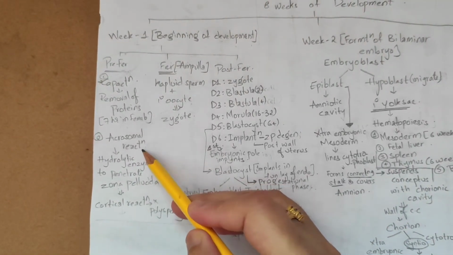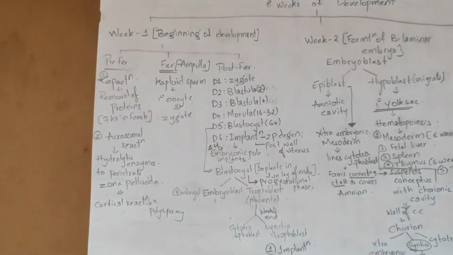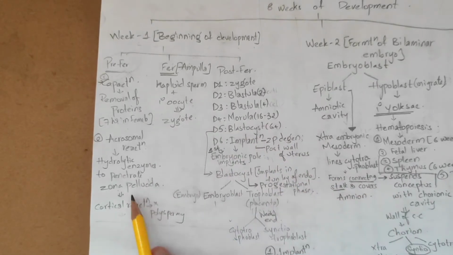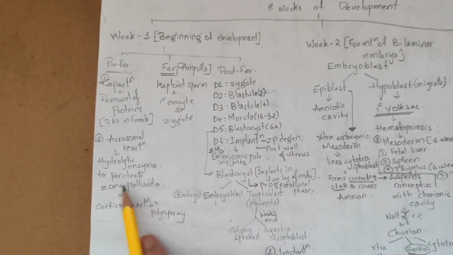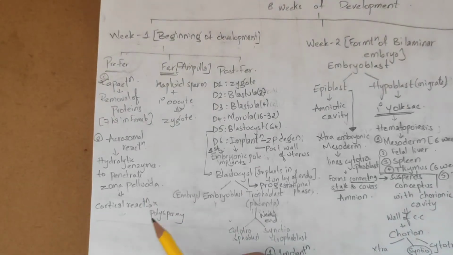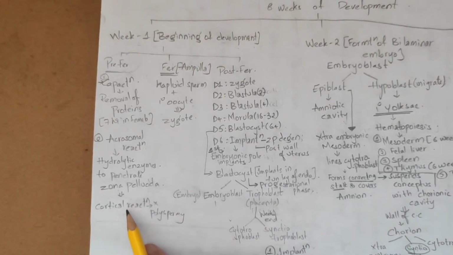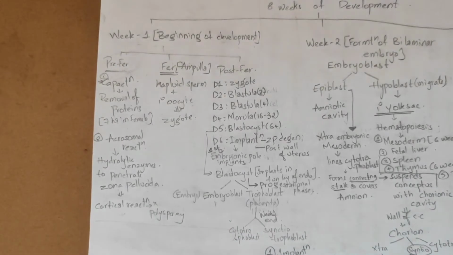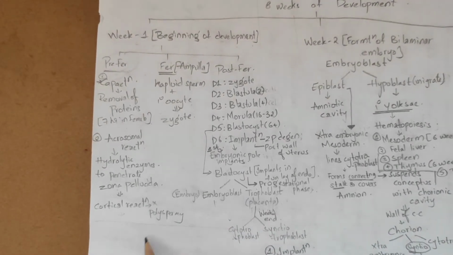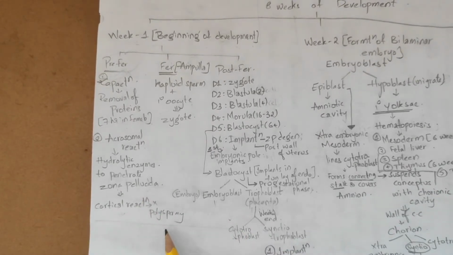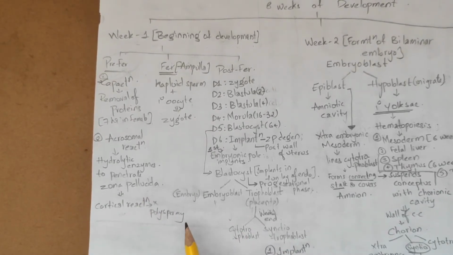The second is the acrosomal reaction. The acrosome is a modified Golgi apparatus, which releases hydrolytic enzymes to penetrate the zona pellucida for fusion. This results in the cortical reaction, which prevents other sperm from entering the zona pellucida by thickening its walls, and this prevents polyspermy.